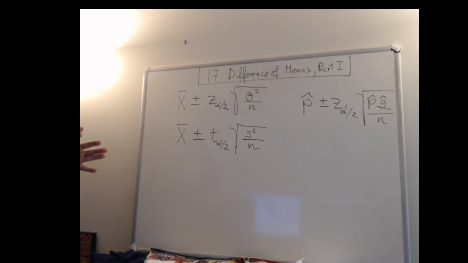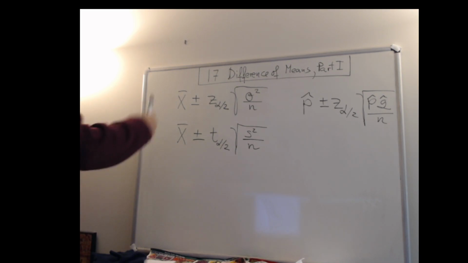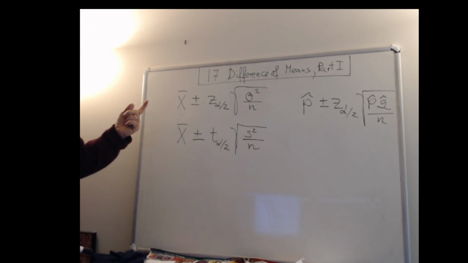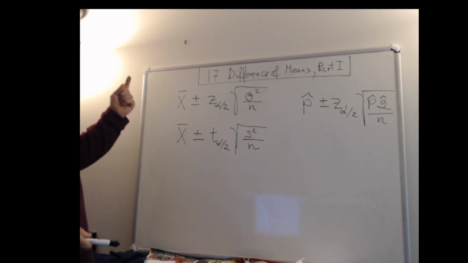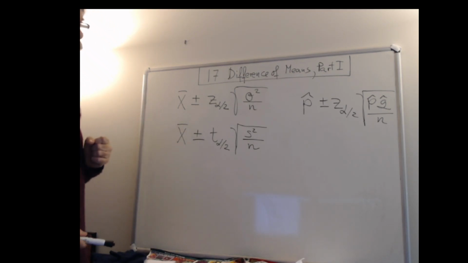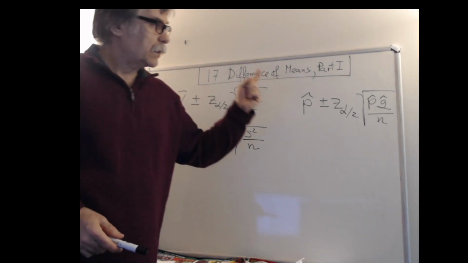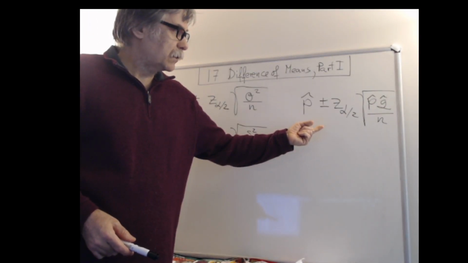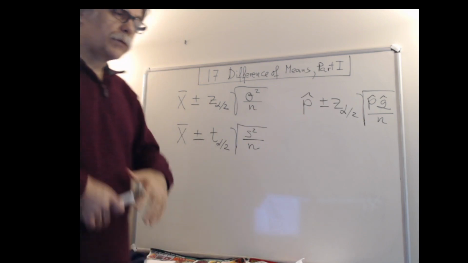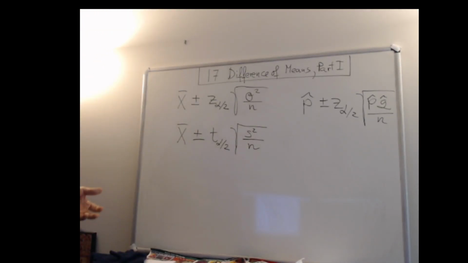Now, the question is, how do I modify this formula so that I would have the difference of means estimate? So this is a z estimate of a single population mean. This is a t estimate of a single population mean. This is a z estimate of a single population proportion. But what if I have two? What would happen?